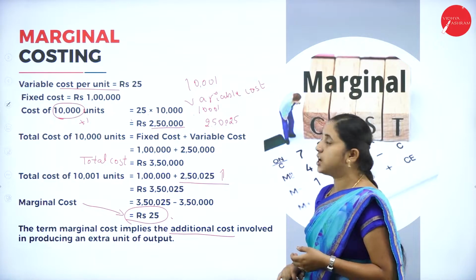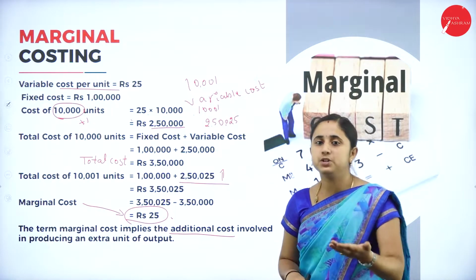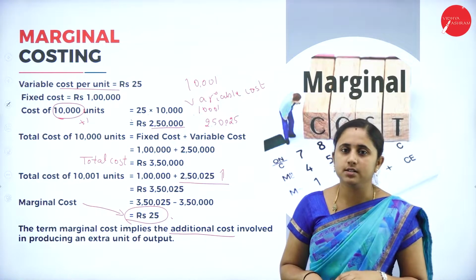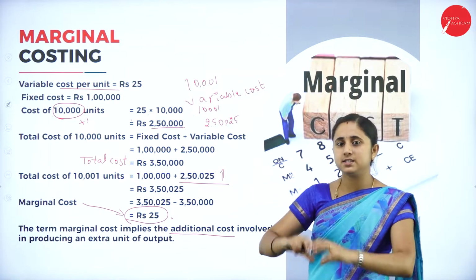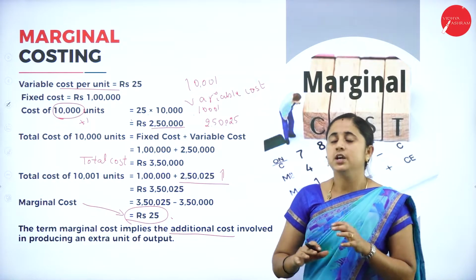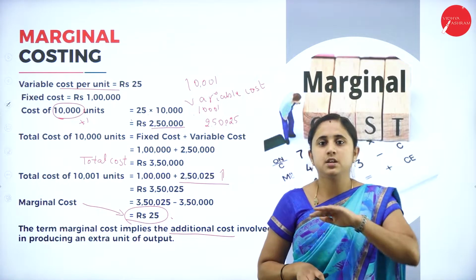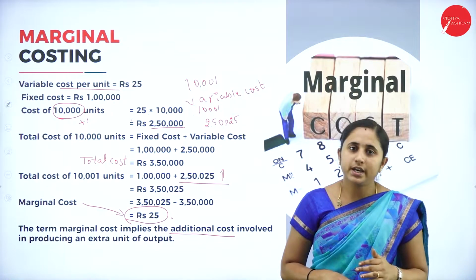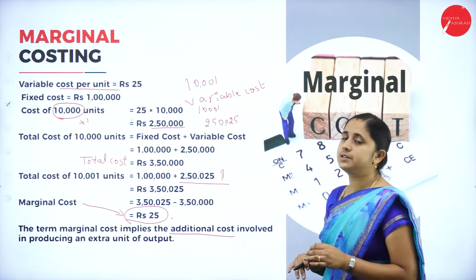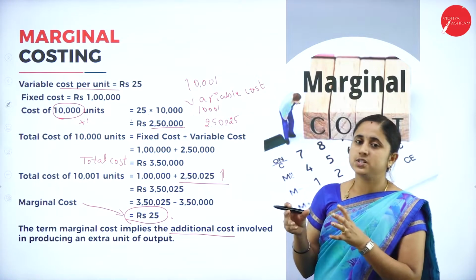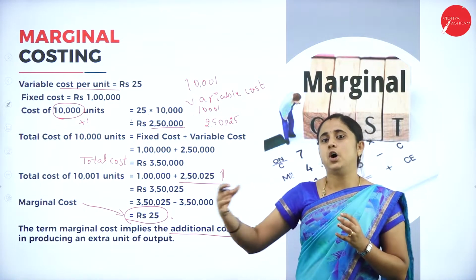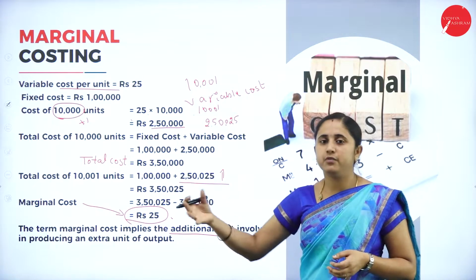Then variable cost depends on the production process. If you are producing 10,000 units, then the variable cost is only for 10,000 units. If you are producing 20,000, the variable cost also increases. An example of variable cost is the cost of raw material. To produce the 10,000 units, the cost of raw material may be 5,000.